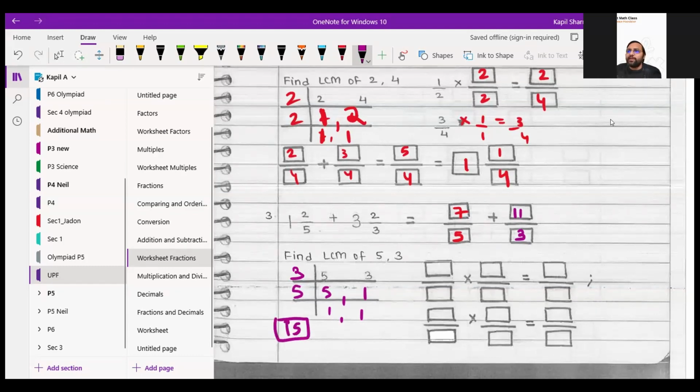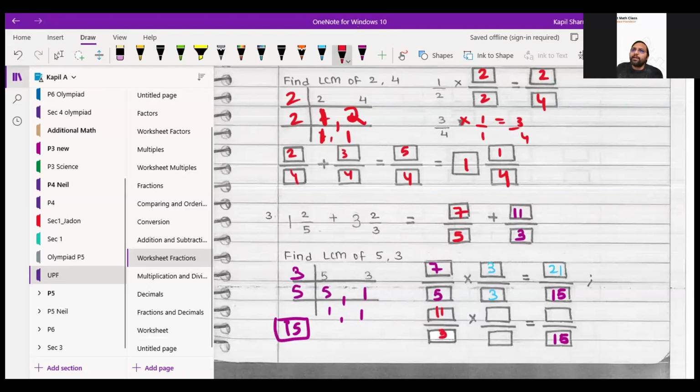So LCM is 15. That means we need to make 15 as the denominator. So the first fraction is 7 upon 5. We need to multiply and divide by 3. So we get 21 upon 15. The second fraction is 11 upon 3.